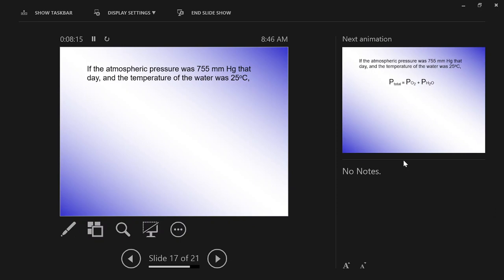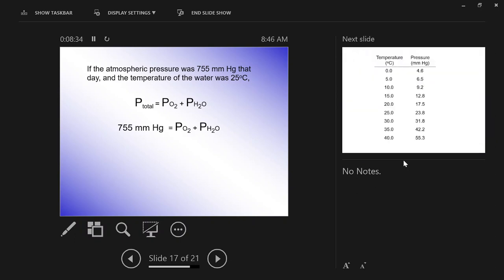So if the atmospheric pressure was 755 millimeters of mercury that day, and the temperature of the water was 25 degrees, we can say that our total pressure is the oxygen pressure plus the water pressure. So we can substitute our total pressure, the atmospheric pressure, equals PO2 plus PH2O, and then we can go look up the vapor pressure of water at 25 degrees.